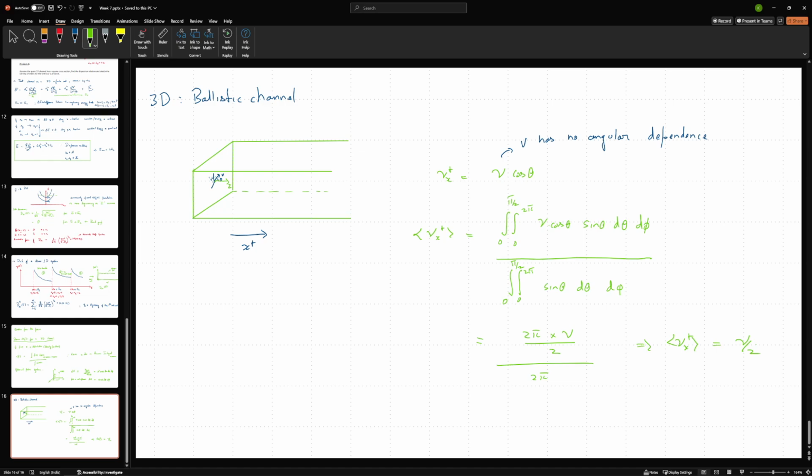Uniform distribution of velocities and all of that, that is the reason why I'm assuming the velocity is uniformly distributed across all angles. There is no angular dependence. So the velocity has to be v by 2, because I'm choosing one half and asking what is the average velocity in that one half. Okay, so this will come out to be v by 2.